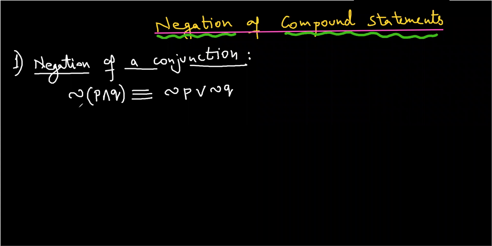In layman's language, you are just distributing the negation to each one of these component statements. You give negation to P, you give negation to Q, and you just change and to or. And is changed to or. So negation of P and Q is negation P or negation Q.